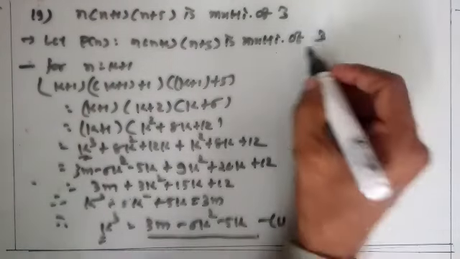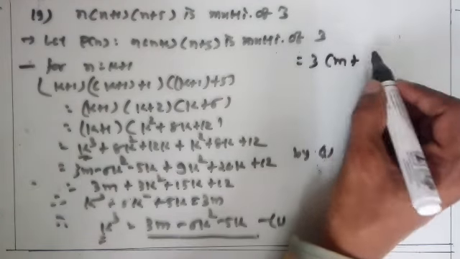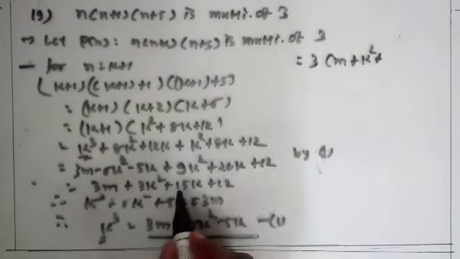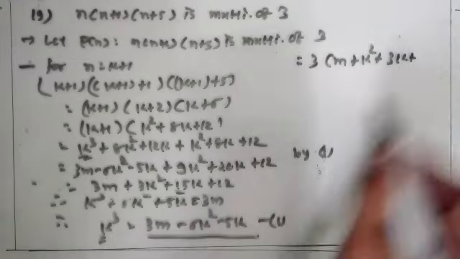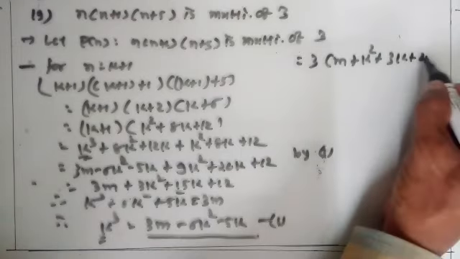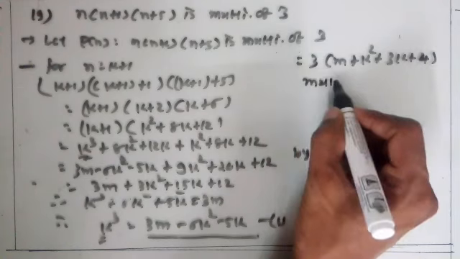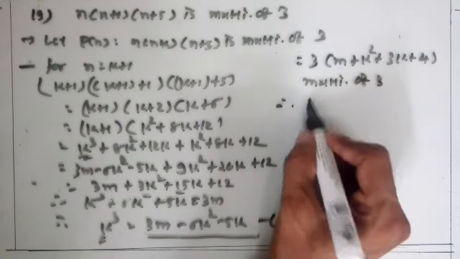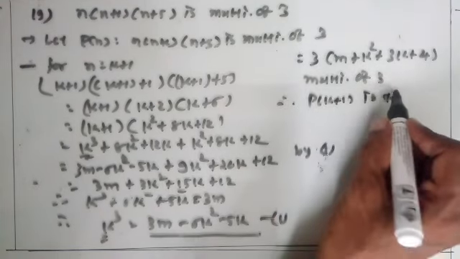So here we get 3 into m plus k square plus 5k plus 4, 3 taken common, and it is a multiple of 3. Clear? Therefore Pk plus 1 is true.